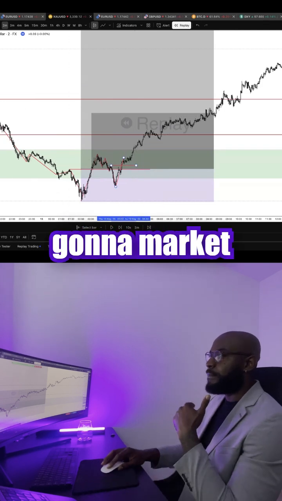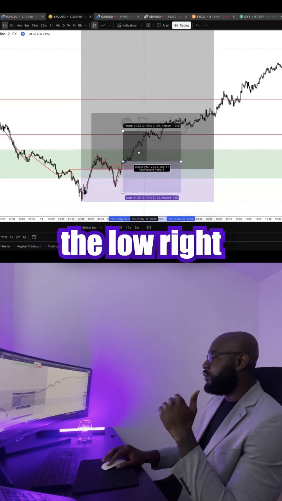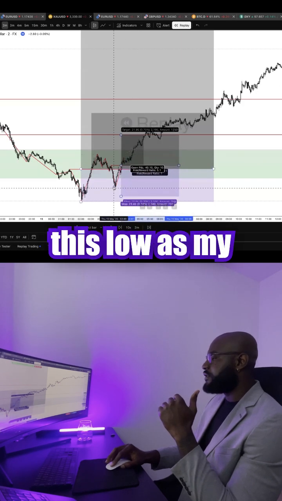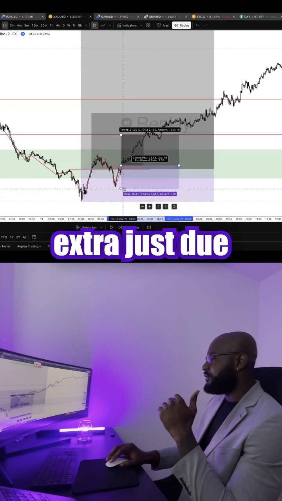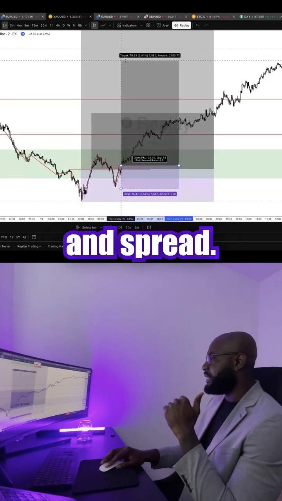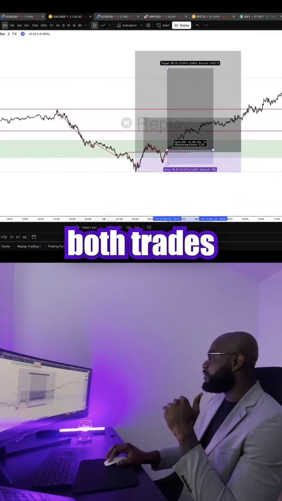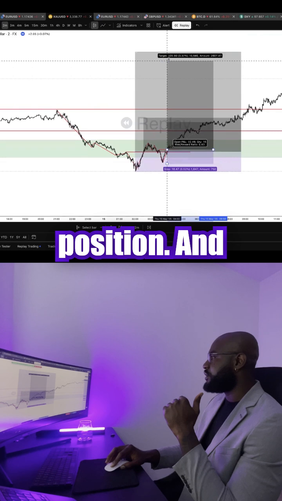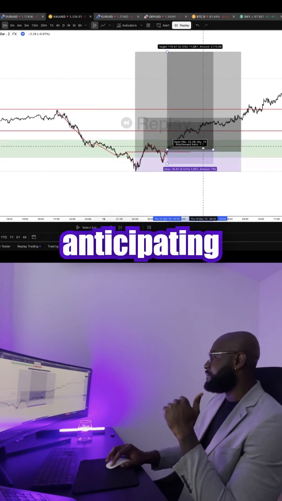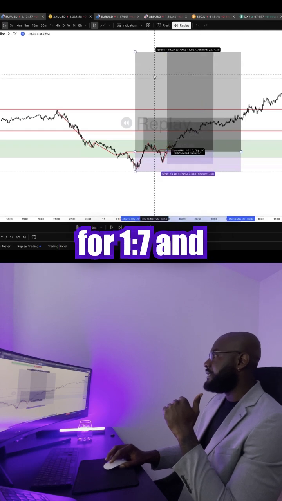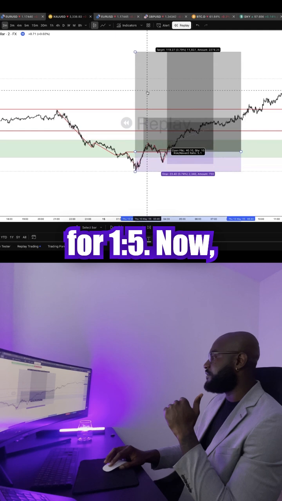I'm literally just going to market execute above that high, and I'm going to use the low right here as my stop loss, and I'll just add a few pips extra just due to slippage or spread. In this case, I'll be targeting the same area. Both trades will have the same take profit position. The 2 minutes entry, I'm anticipating for a 1:7. And the first entry using the 5 minutes, I'm anticipating for a 1:5.